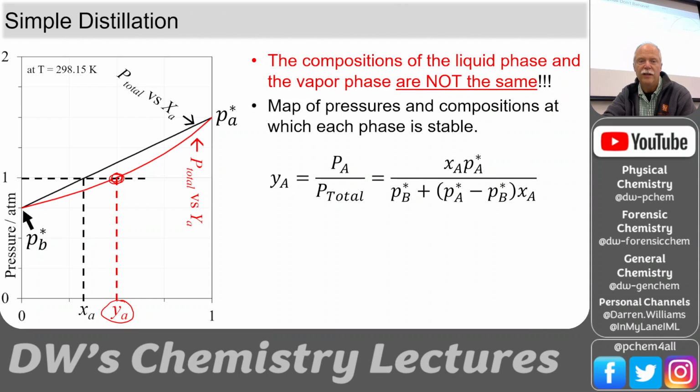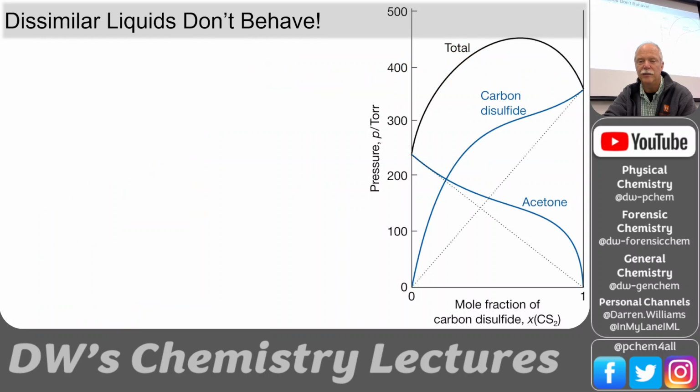Okay. Now these are ideal graphs, ideal situations. Let's look at some non-ideal situations. So this is a crazy one, acetone and carbon disulfide. The dashed lines are Raoult's law, and then these blue lines are the experimental values. So that's kind of crazy.